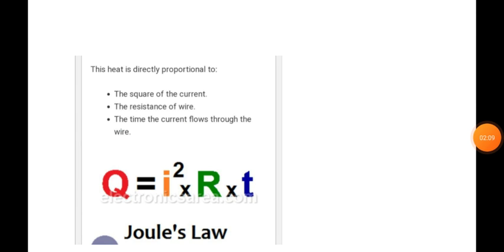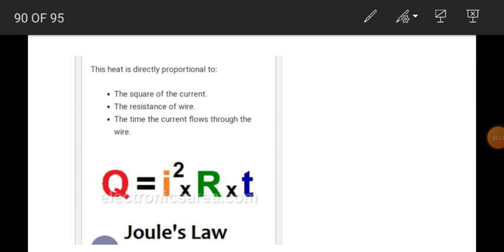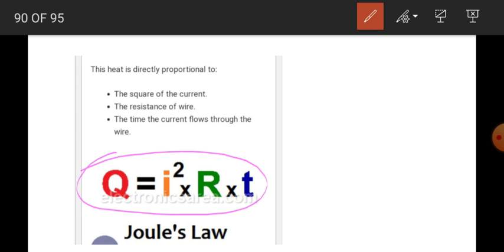The Joule's law formula looks like this actually. This is the formula for Joule's law, I mean the heating effect of electric current. Q stands for heat. In your textbook they have used H in place of Q, because Q we are using for charge, right?